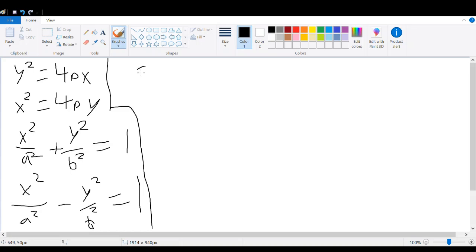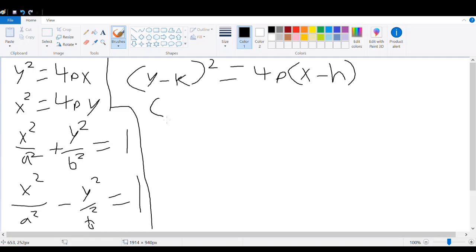So our equations turn into y minus k squared equals 4p times x minus h, and we get x minus h squared equals 4p times y minus k.